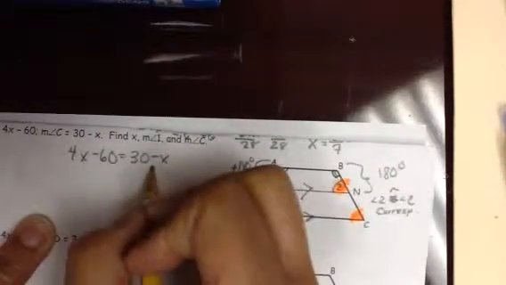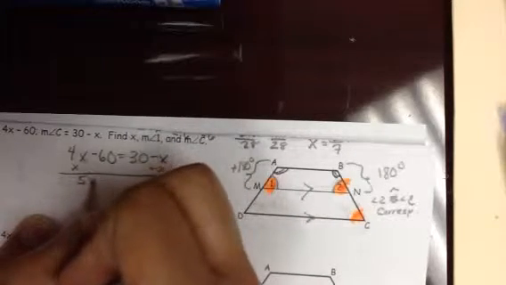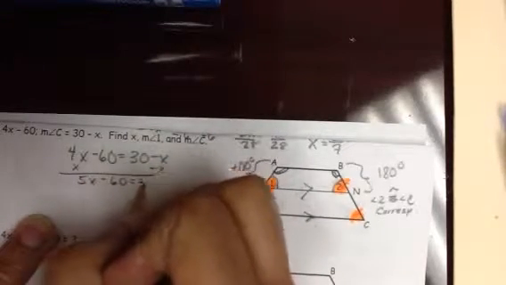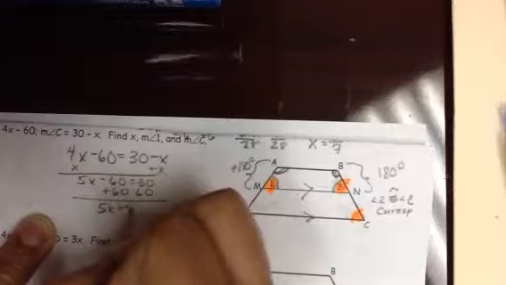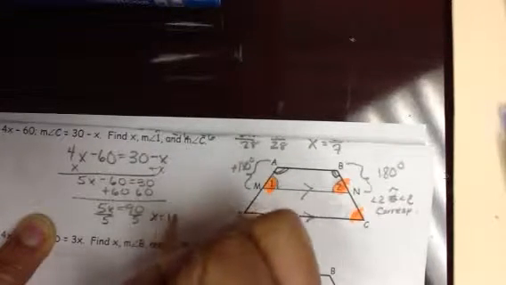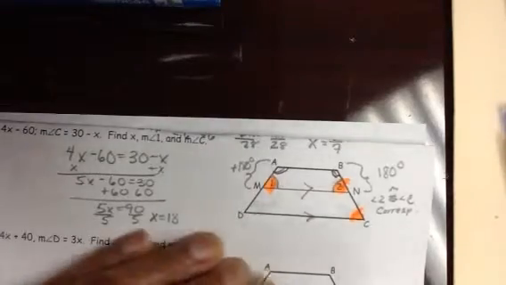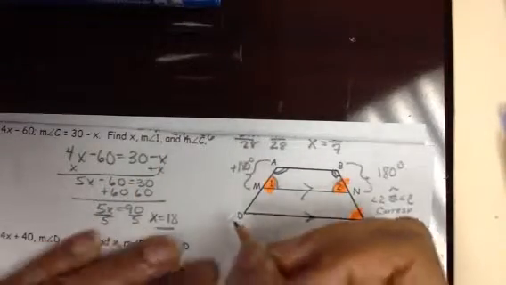So now I can solve, add x to both sides. I get 5x minus 60 equal 30. Add 60 to each side, and I get 5x equal 90. Divide by 5, and I get x equal 18. Okay, so now I know what x is equal to. X is 18. So then it asks for the measure of angle 1.